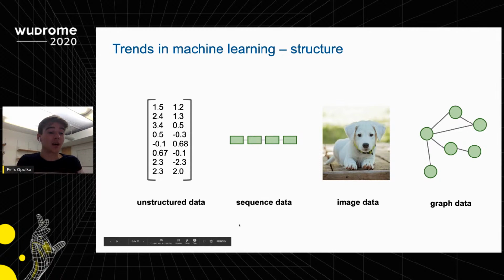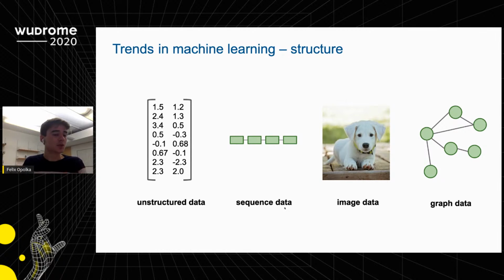But then there are other types of data. There's image data, which we've seen before. The structure here is that you have a grid, and you have pixels, these color dots, on that grid. When we know that our data always has that structure, then we can improve our model. We can adapt it to that specific task, and that leads to better accuracy in our predictions.